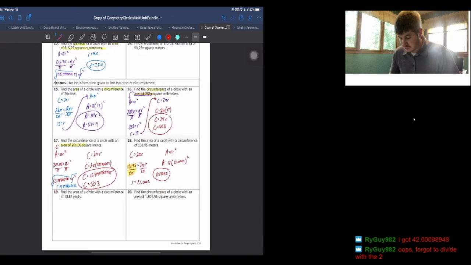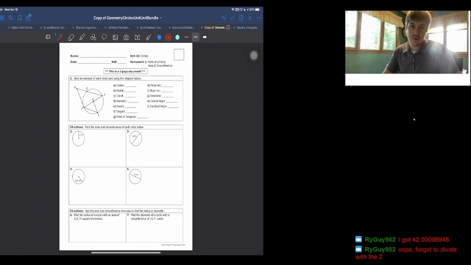But I think that does it for the area and circumference part of our notes. The next page is a homework page. I'm not assigning this. I'm not going to put this in Google Classroom. If you want, you can use it for additional practice. But because you have an assignment already, and I said I'm not going to assign as much as I do in school, we're not going to do this assignment.